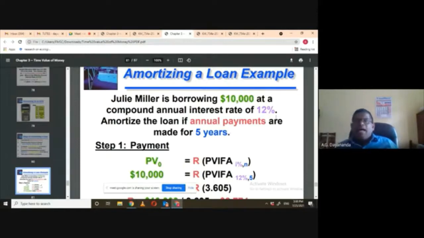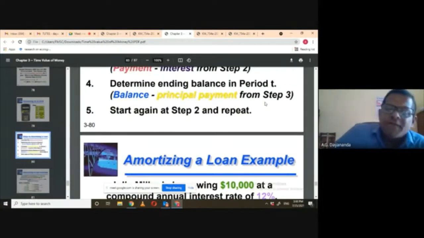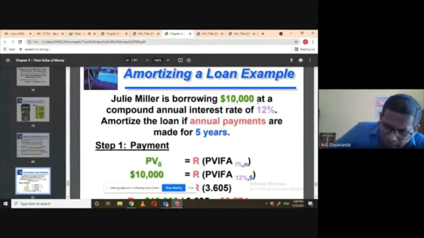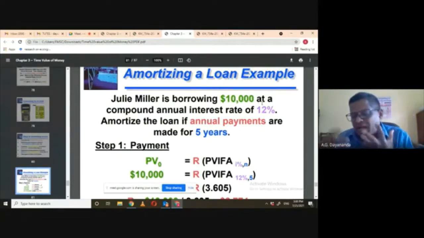Now here we think about calculating the installment. Suppose a customer comes to you and asks for a loan of 10,000, or 1 million, or 12 million, or 40 million, and is ready to pay over 5 years at an interest rate of 12%.